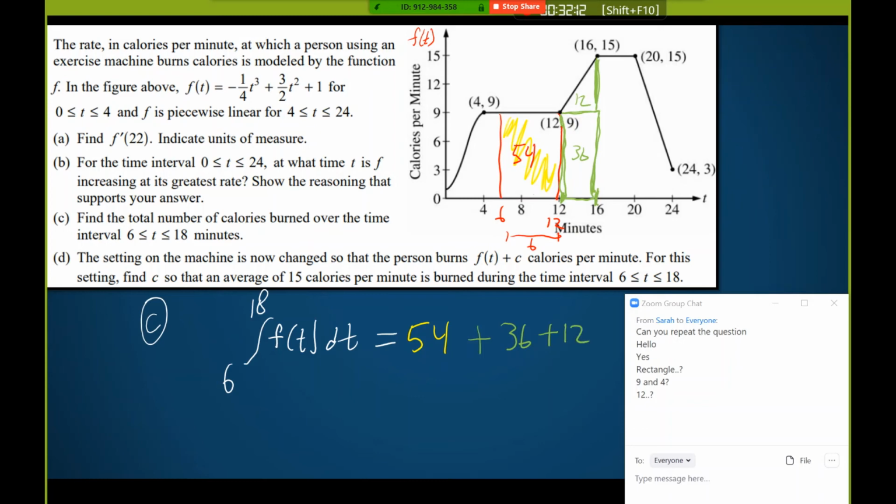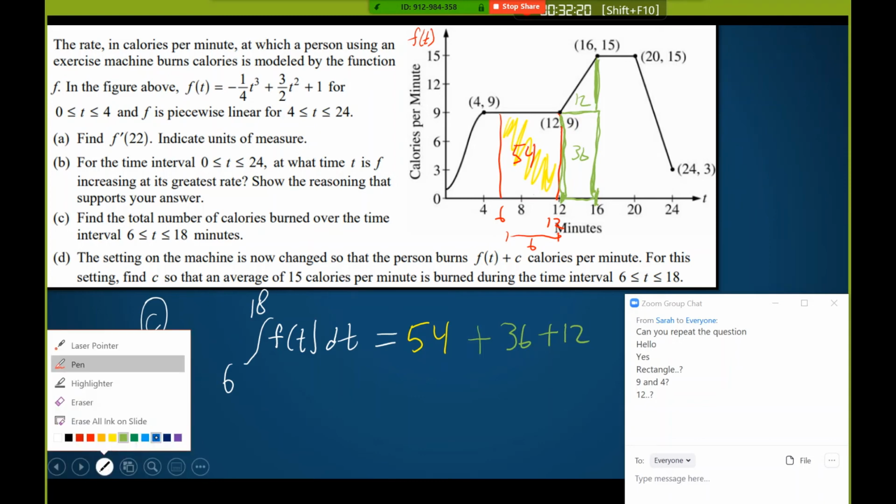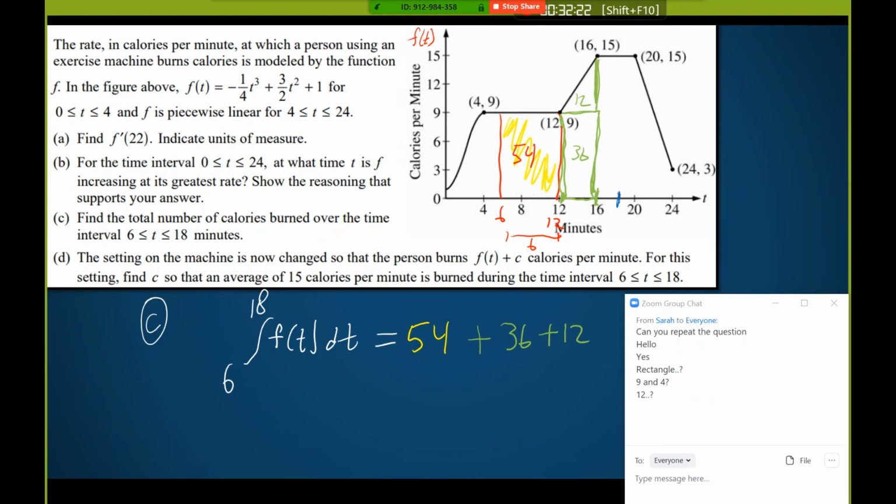Okay, and then our last part, we are continuing to 18. So from 16 to 18. Who's next? I've got Niall next. From 16 to 18, what shape can we use?